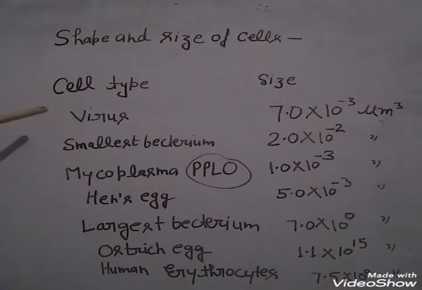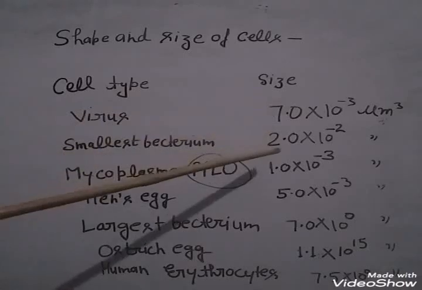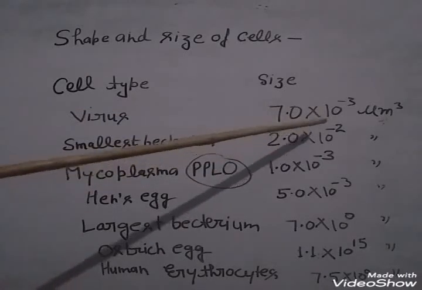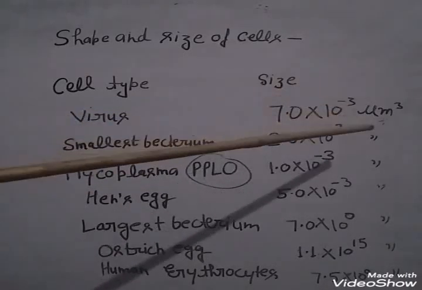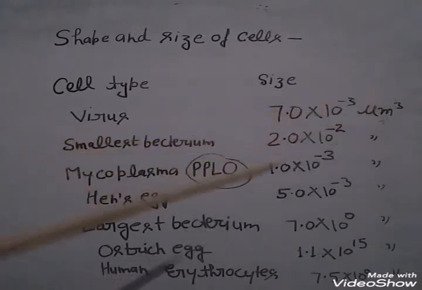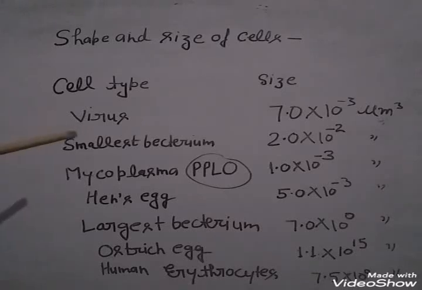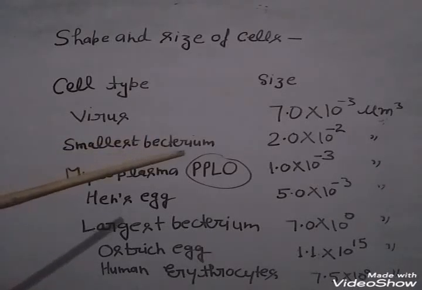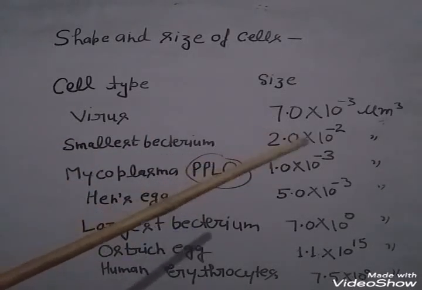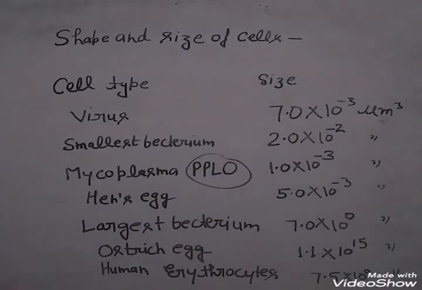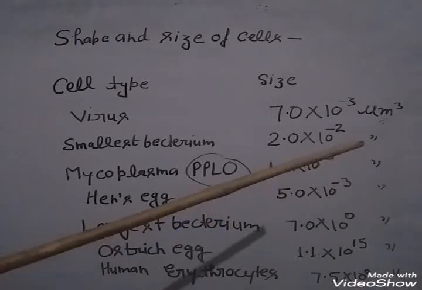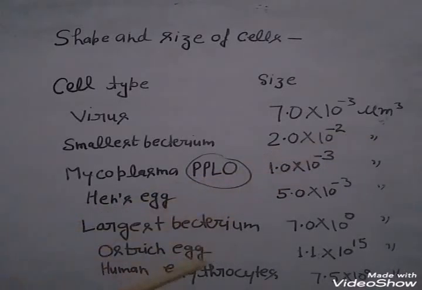Here we show the virus type cells, with a size of 7 into 10 to the power minus 3 micron meter cube, and second is the smallest bacterium, whose size is 2 into 10 to the power minus 2 micron meter cube.